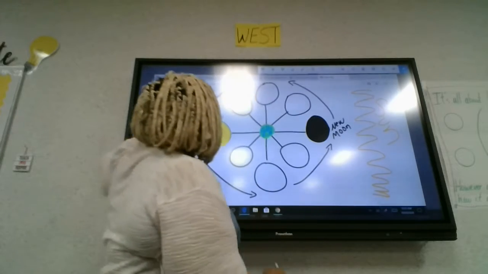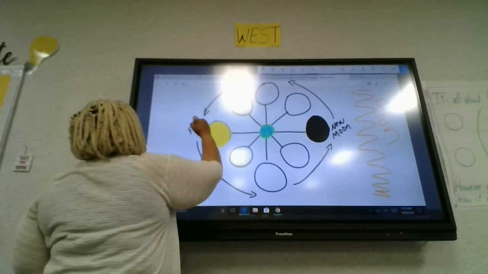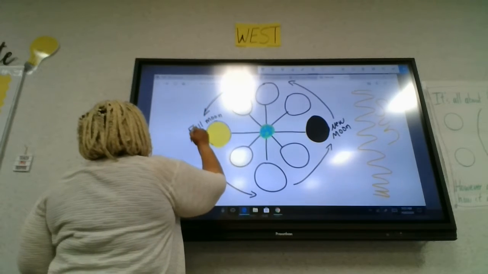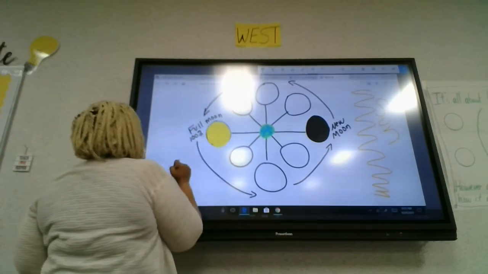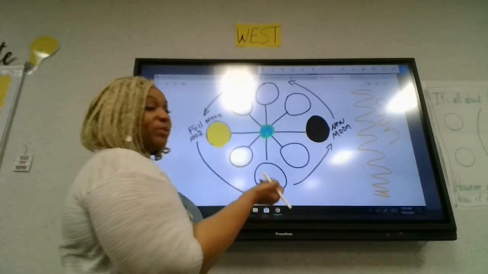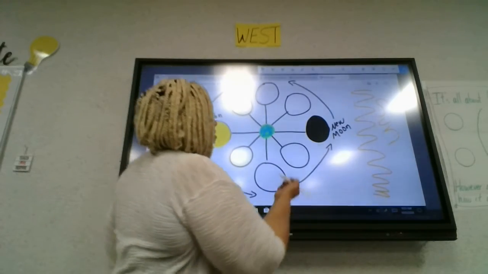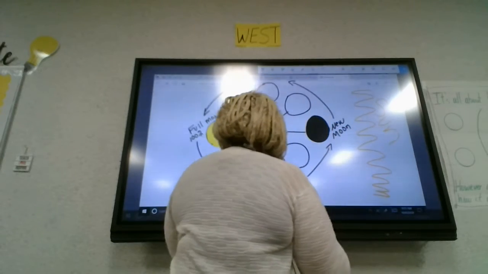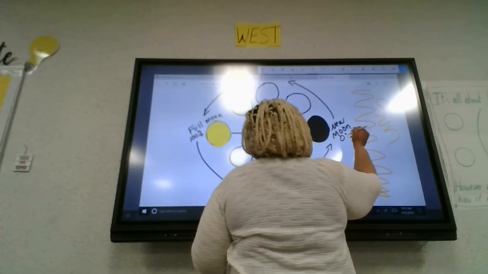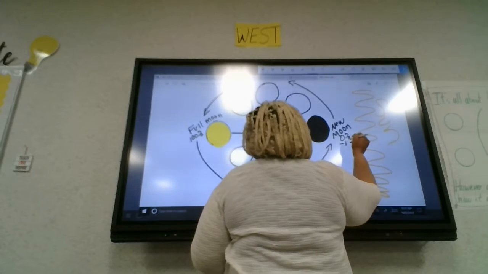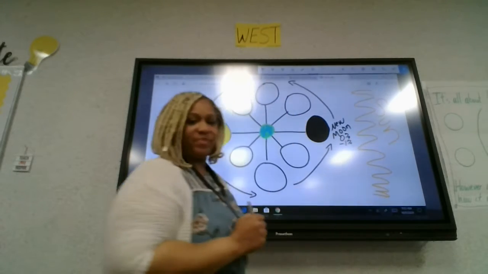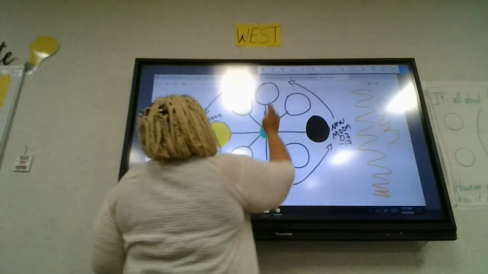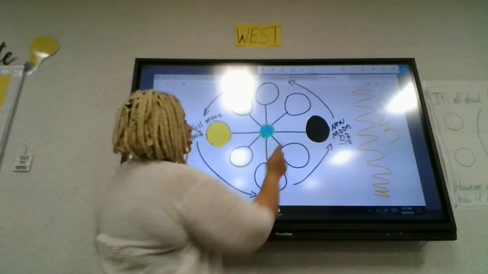And that is your full moon. Okay, 100% light, or illumination. Then right here, I'll just put this because I want to make sure we put this. This is going to be 0% or less than 1% of light.